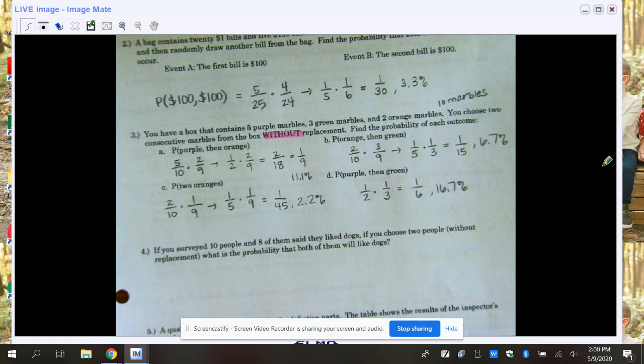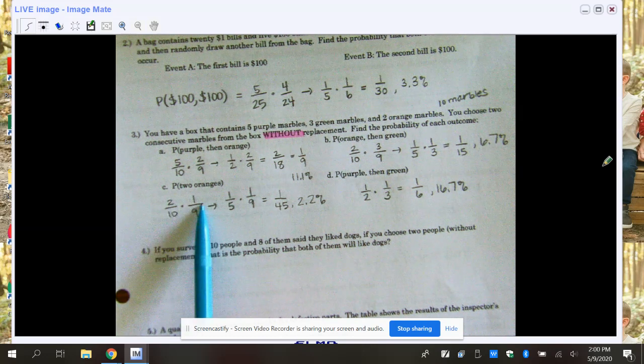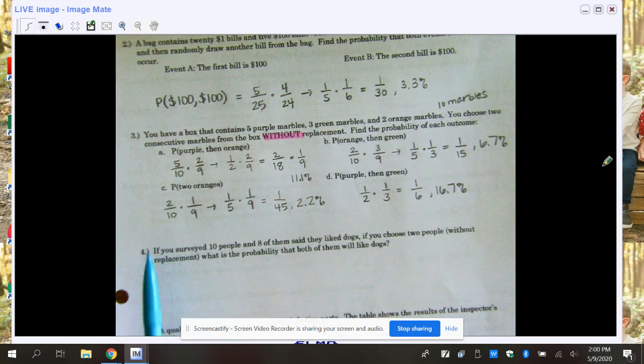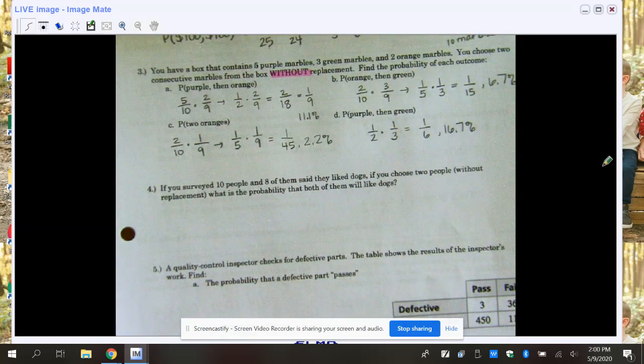Okay, so again, key here is when you are not replacing for your second probability, your second event, you always have to make sure you change the denominator. If you're also asking for two of the same thing back to back, your numerator will also change. Okay. So that's kind of exhibited in this one as well.